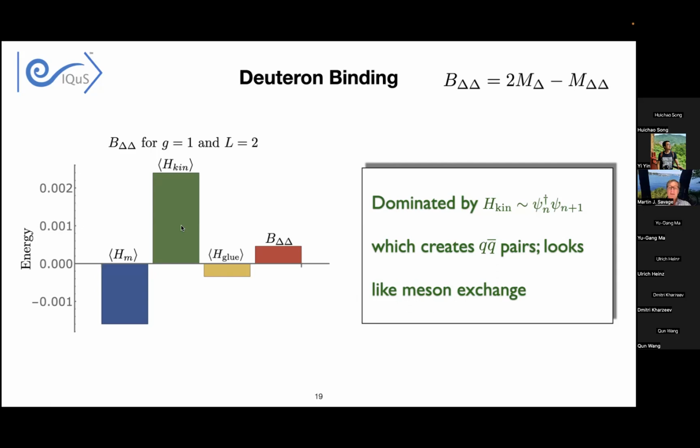So in some sense, the contribution to the deuteron binding energy is dominated by the presence of QQ bar pairs, which from a hand-waving point of view looks like mesons, of course. The gluonic contribution is quite small. And so this is the total binding. You add the blue, the green, and the yellow, and you get the red.